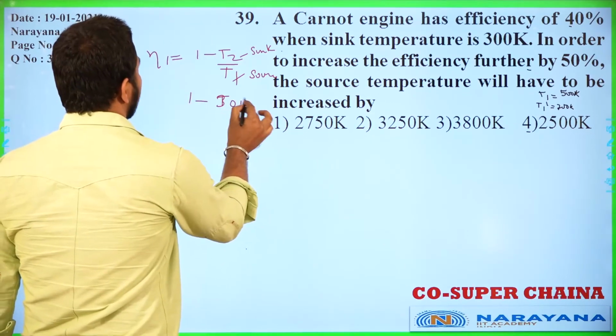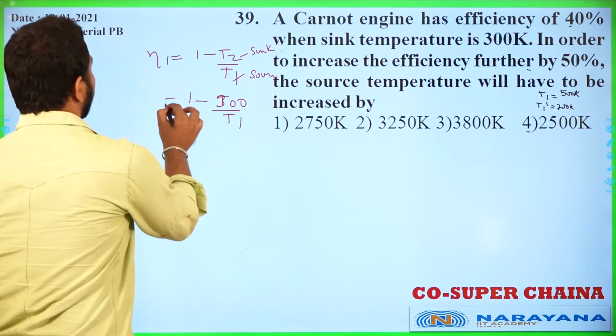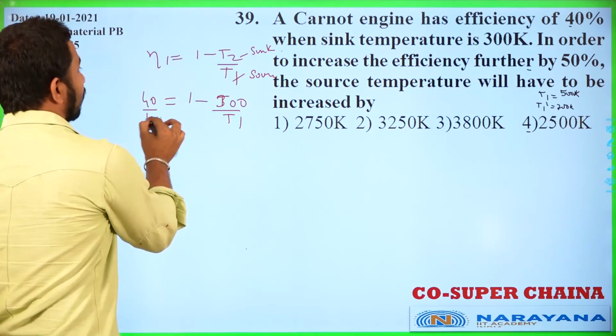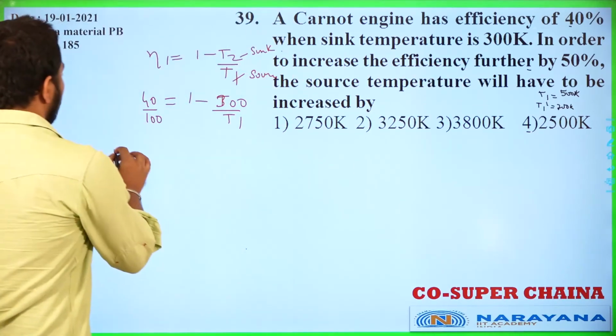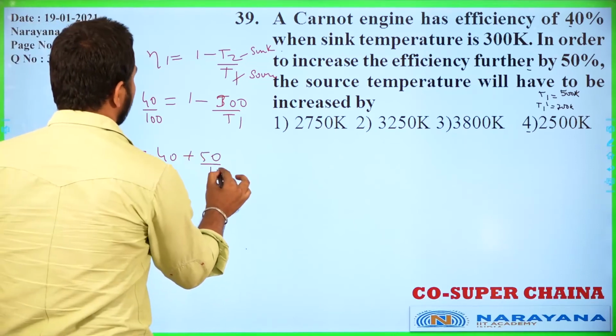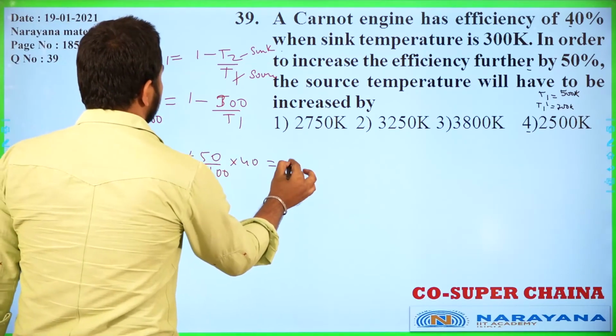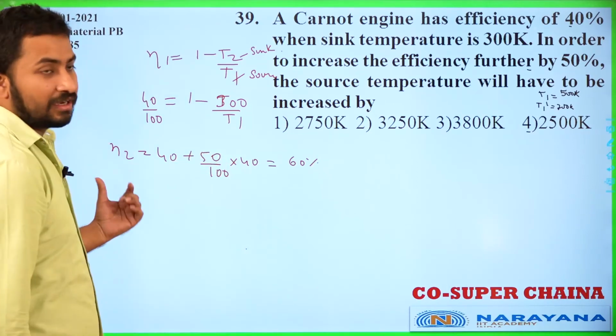So 1 minus 300 by T1 equals 40% efficiency, so 40 by 100. Now the efficiency is further increased by 50% of 40%. So eta 2 will be 40 plus 50% of 40%. So this will be coming as 60%, student. So eta 2 is 60% now.